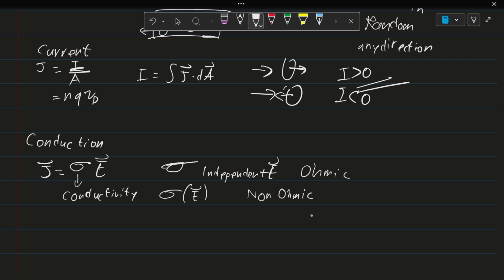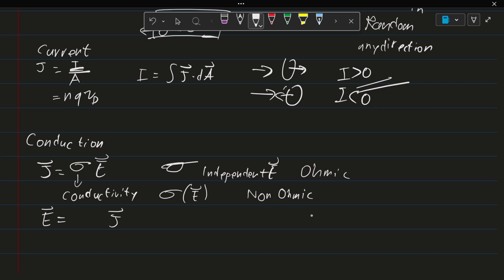Maybe for those of you who are already studying electrical circuits, you are much more familiar with the concept of resistance. So what's resistance exactly? Let's do this idea. The E vector is something of the J vector.